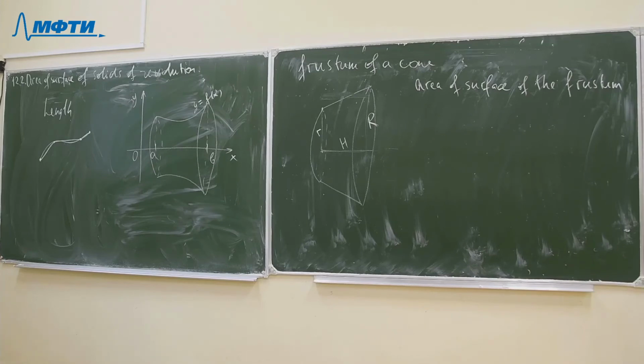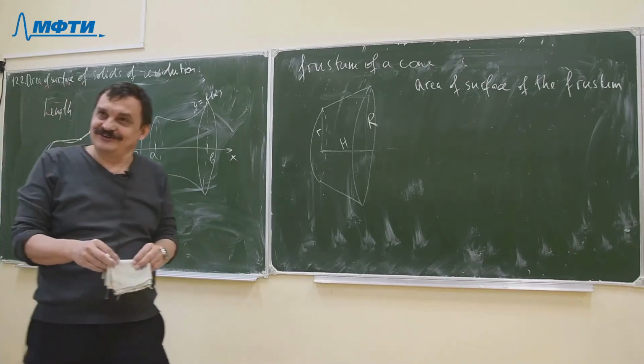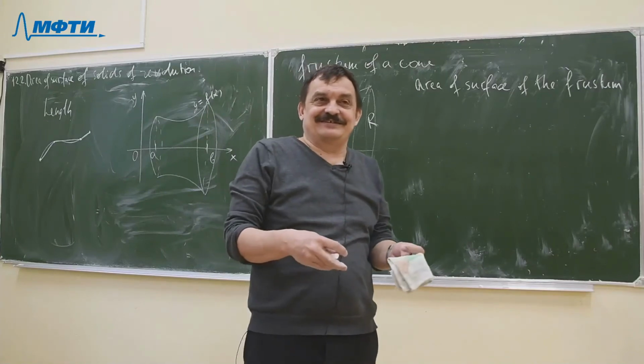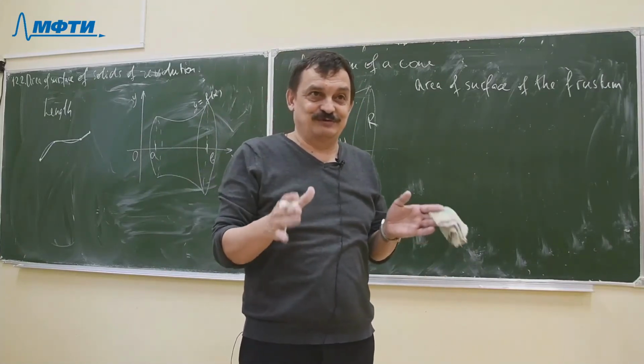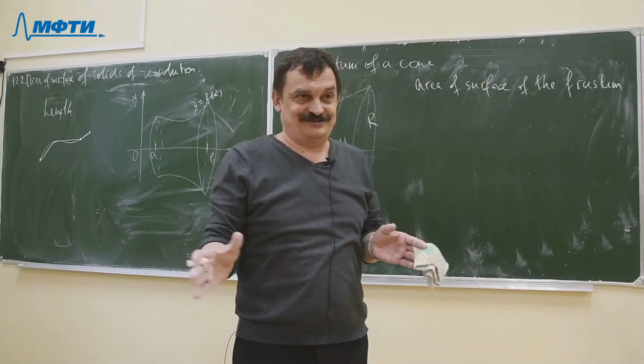The question is that if there is a counterexample to the surface of area, maybe there is a counterexample to volume of solid. No. As I said, the rigorous theory of volumes and areas will be presented next semester, so no problem.